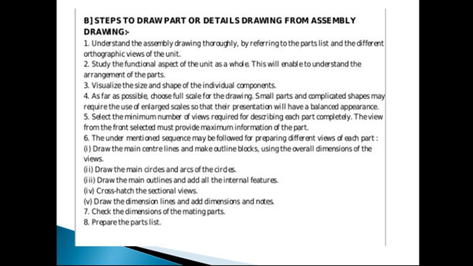So instead of drawing small parts at full scale, choose a suitable scale. If you choose a suitable scale, it is very easy to understand and to enlarge this view. So for complicated views or small parts, we can select a suitable scale and enlarge them.